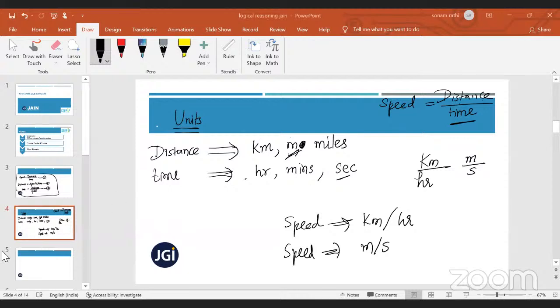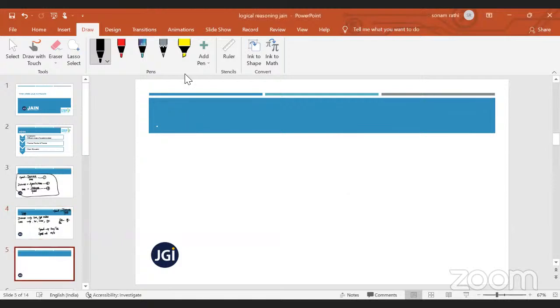Okay, conversion of unit. Let's say they have given you 5 kilometers. You want to convert it into meter.